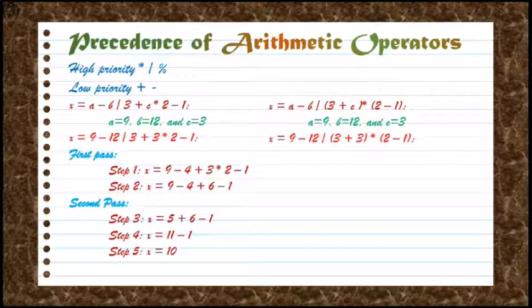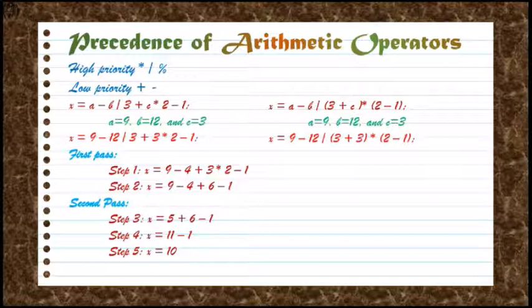In the given equation, from left-hand side to right-hand side, first we will solve the brackets, then we will calculate the multiplication and division, and after that, in pass 3, we will calculate the addition and subtraction. So first try to solve the brackets.